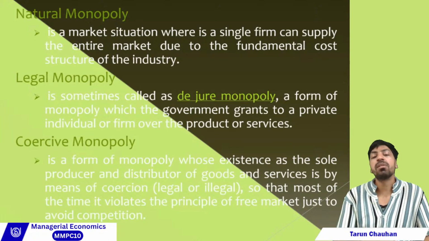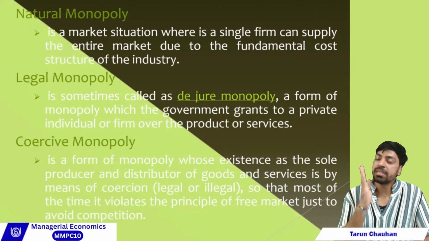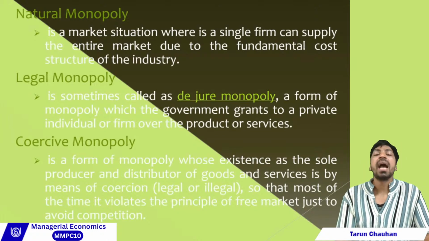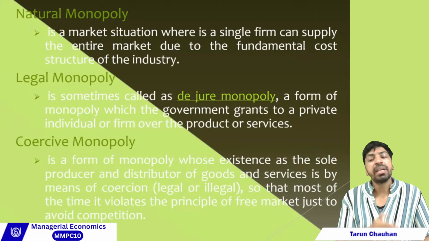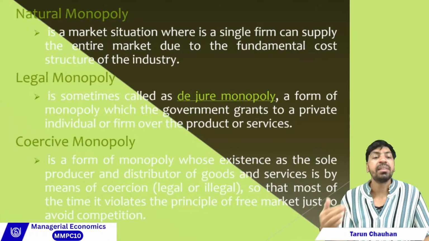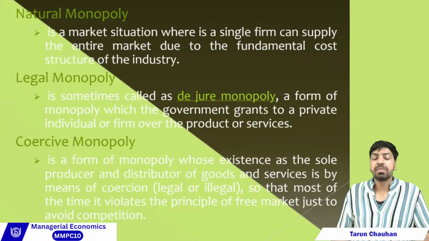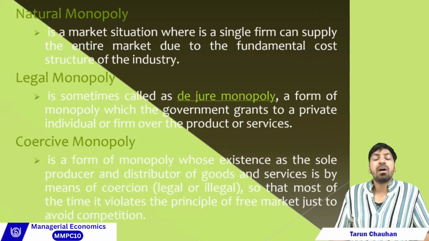The next one is coercive monopoly. Coercive monopoly is another type of monopoly where there is a sole producer and distributor of goods and services by means of legal or illegal process as well, and that's called the coercive monopoly. The particular producer or distributor can offer the goods and services either legally or illegally.